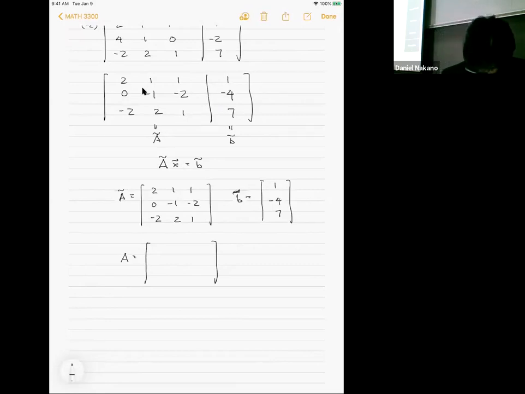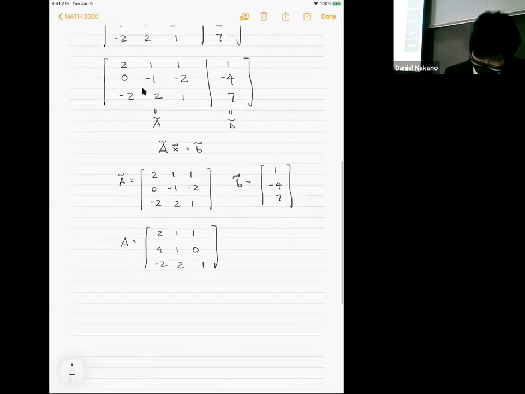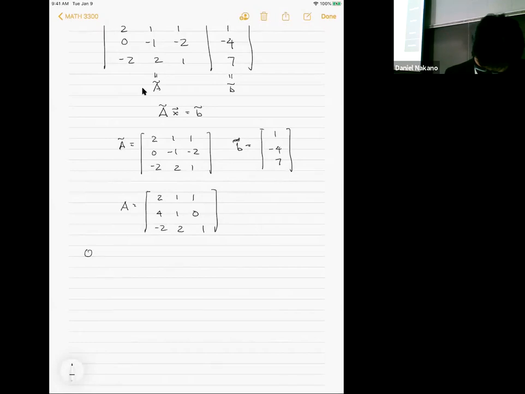So it's 2, 1, 1, 4, 1, 0, minus 2, 2, and 1. So here's a question. How does A tilde differ from A?